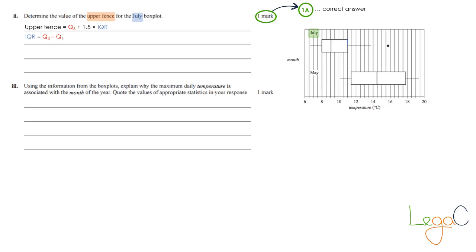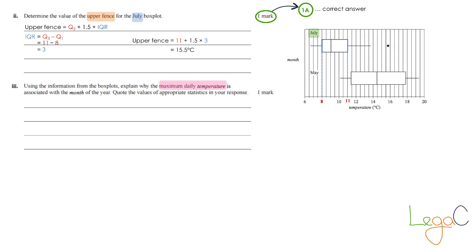So from the box plot, we can see that Q3 equals 11 and Q1 equals 8. So IQR equals 11 minus 8, which is 3. We can now calculate the upper fence, which is equal to 11 plus 1.5 times 3, and this gives us 15.5 degrees Celsius.